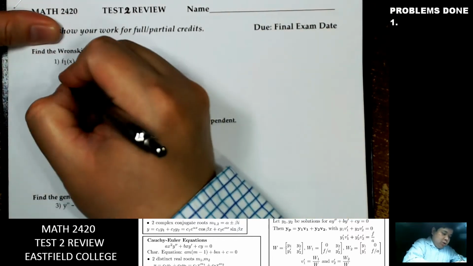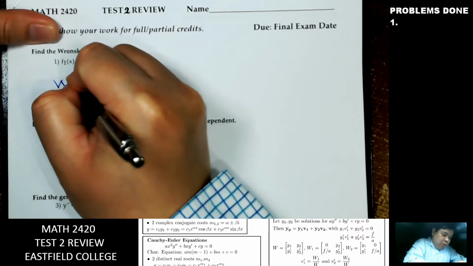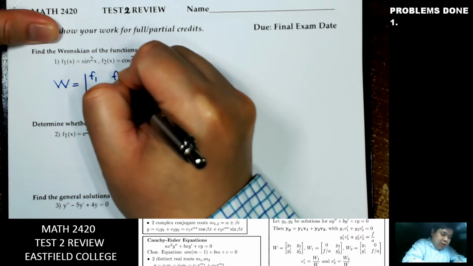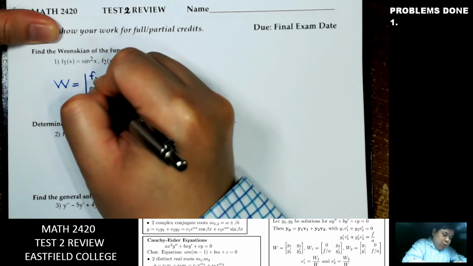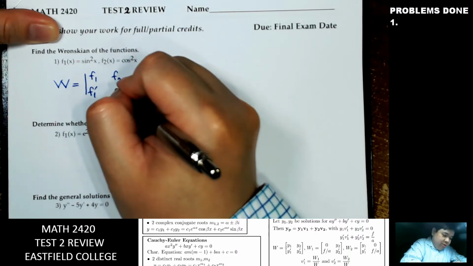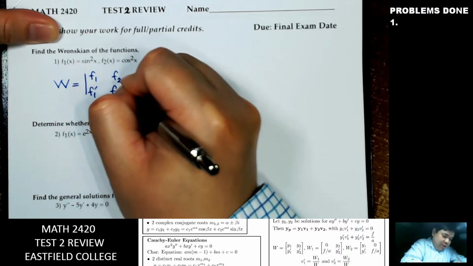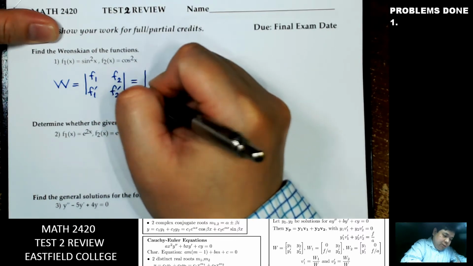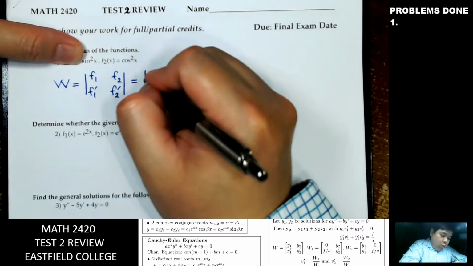Right. For the Wronskian, we have two functions, so we just require the first derivative. Our function is sine squared.